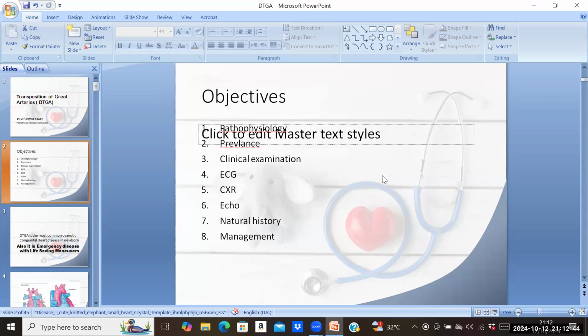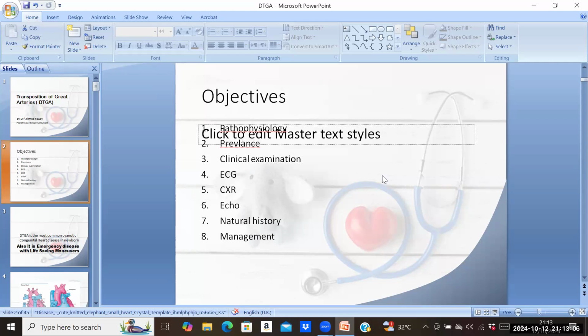We can do echo, but if I have a patient now in the SCABU with saturation of 50 or 60 and he's not in respiratory distress, he is calm, this patient is TGA until proven otherwise. It could be pulmonary atresia, but almost 80% is TGA. So we can start prostin until we do echo for him.